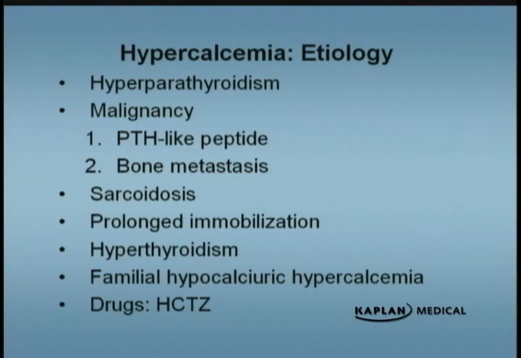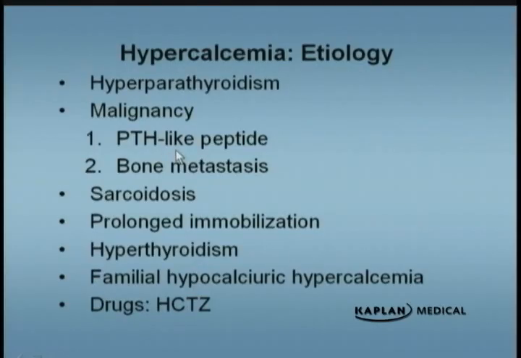They activate the osteoclasts locally at the metastatic sites, and basically you have release of calcium from the bone due to the metastatic sites. So in terms of frequency, this is the most common form of hypercalcemia that we see with malignancy.